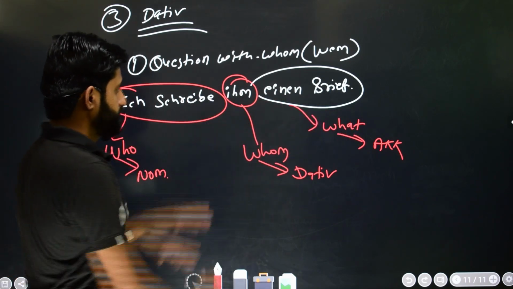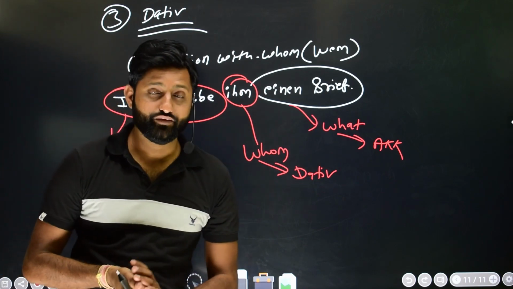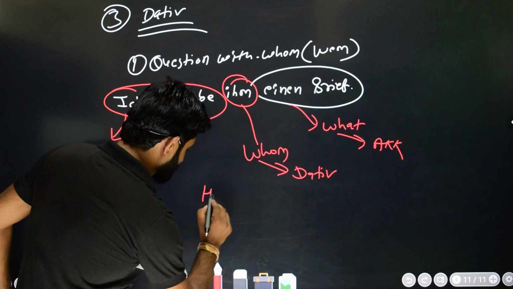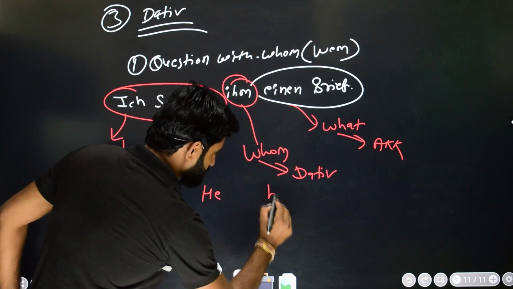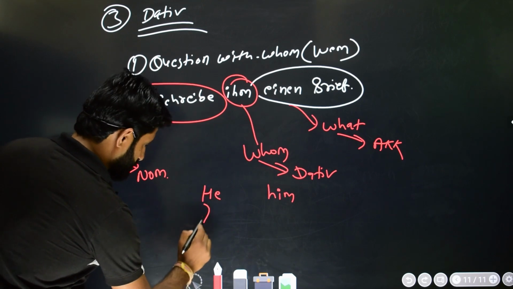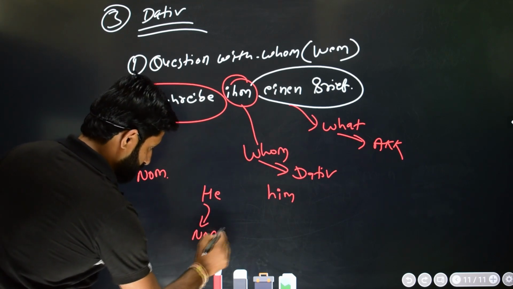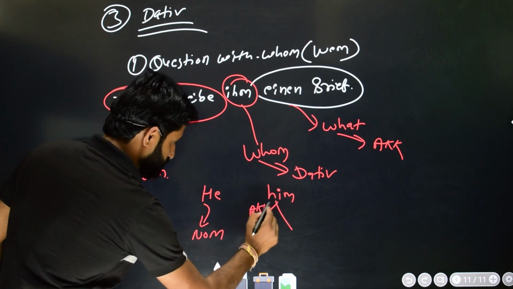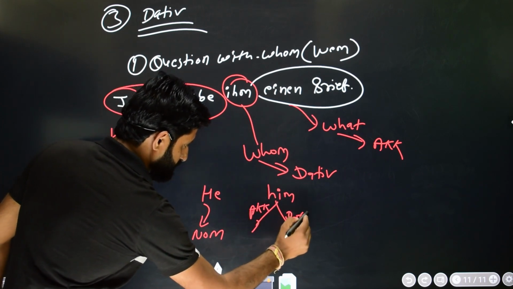So how do we identify? We should take here ihm. Why can't we take here ihn? In English we have he and him. But what will happen in German? He will be nominative, and him will be divided into two parts. First one will be accusative, and second one will be dative.